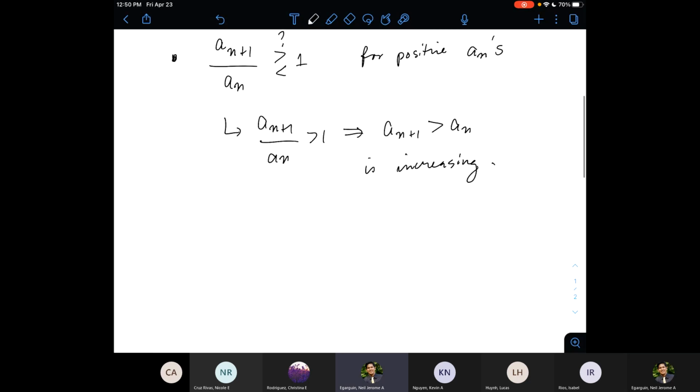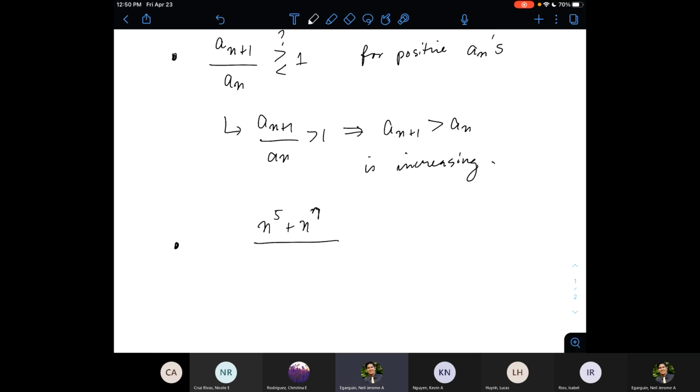This is not my favorite way because usually this is also hard, especially if you have terms like n to the 5th plus n to the 7th all over n to the 8th plus n to the 6th. Imagine how a sub n plus 1 looks like.